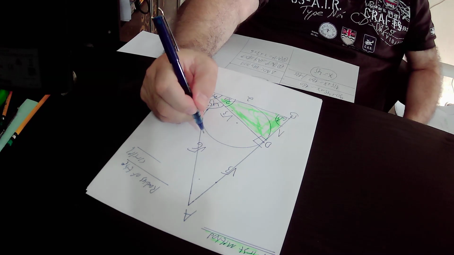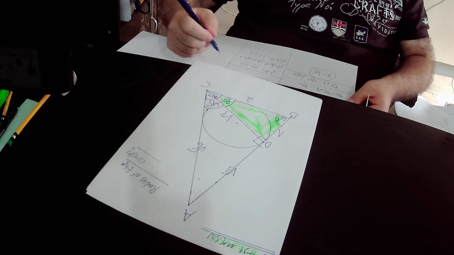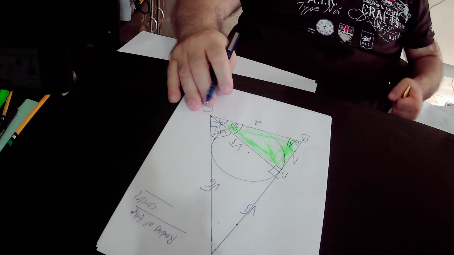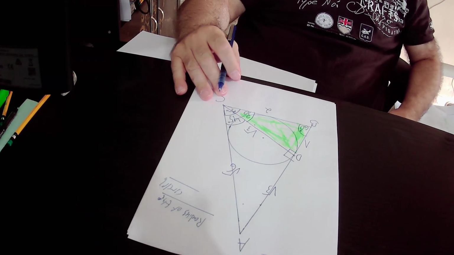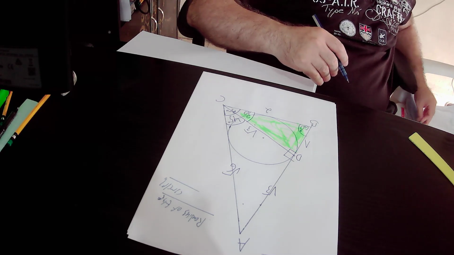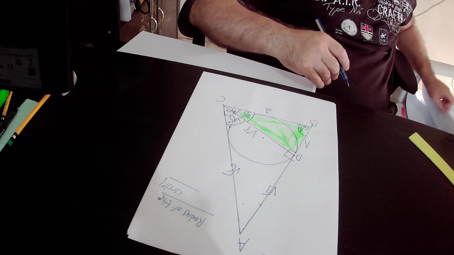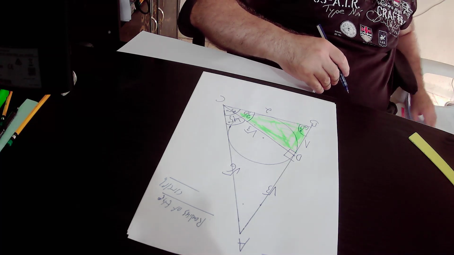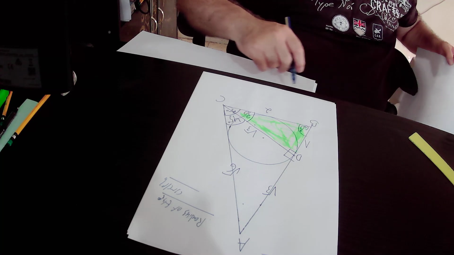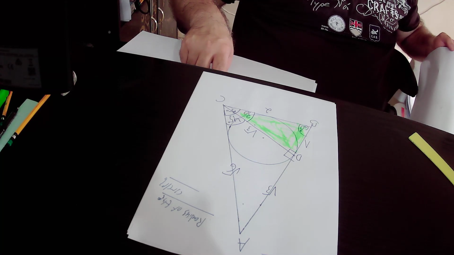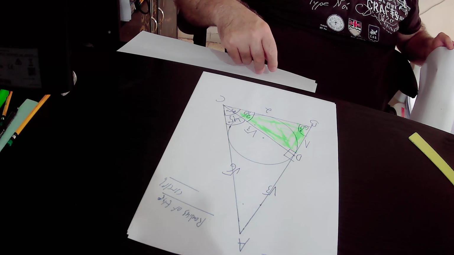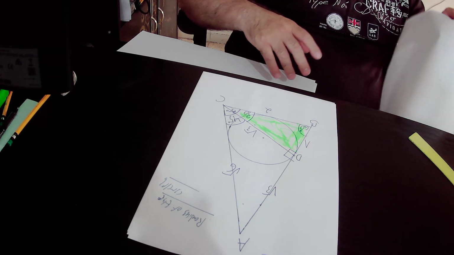So actually we found out the lengths of all the sides of triangle ABC. So here we can implement the rule about the radius of a circle that is inscribed by a triangle.